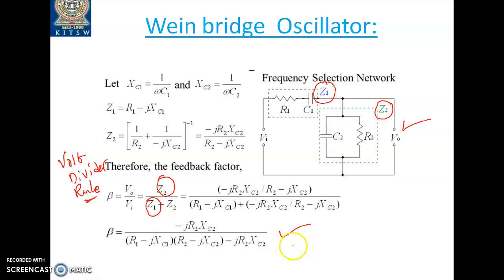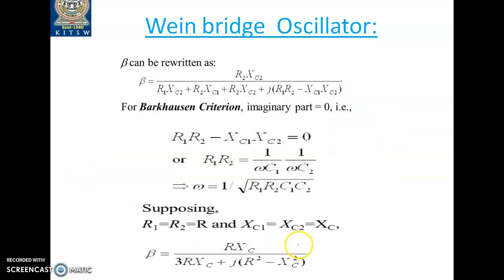In continuation, we can also rewrite beta like this. For the Barkhausen criteria, the imaginary part is equal to 0. Let me call this equation 1. From equation 1, this is the imaginary part.